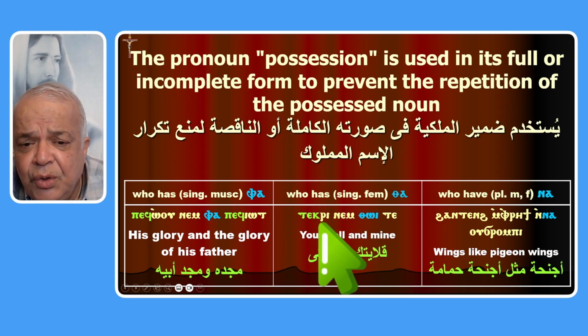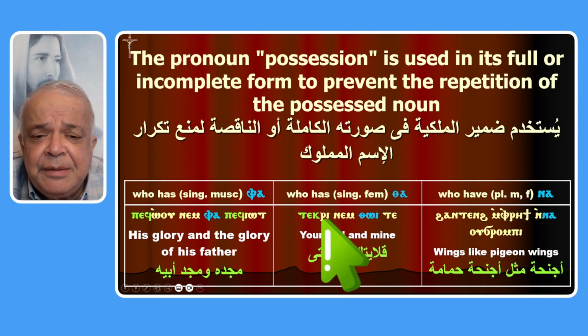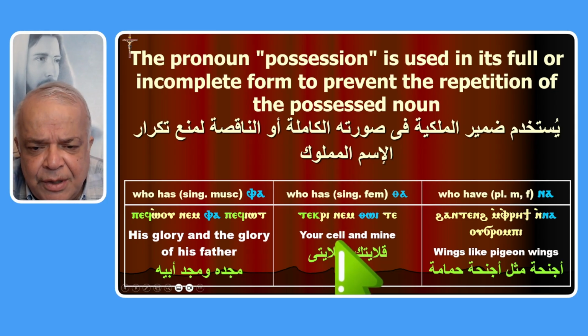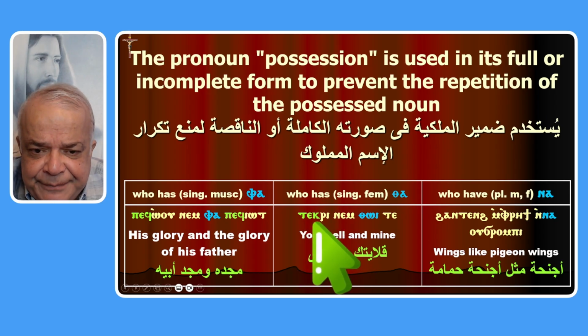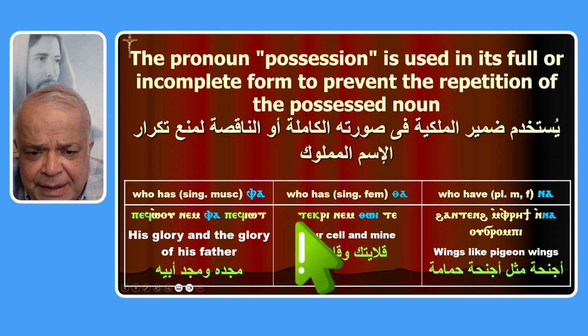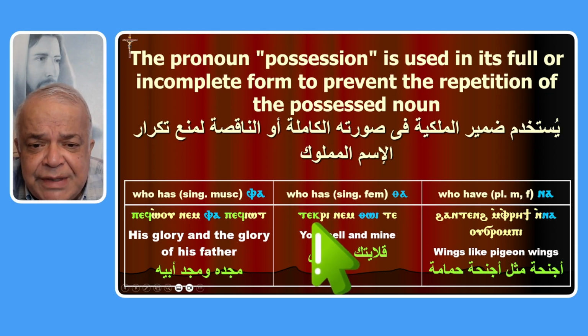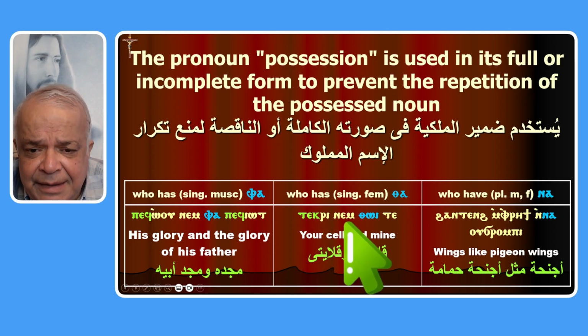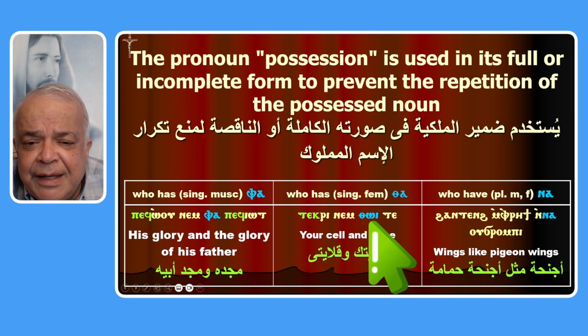Another example for feminine. The word ro yota, ro yota means room. Here it means the cell of the monk. It is considered feminine. So we use taf a, that's a possessive article for feminine. Kabba is you, second person masculine singular. Tekri, yourself. Name and soite.